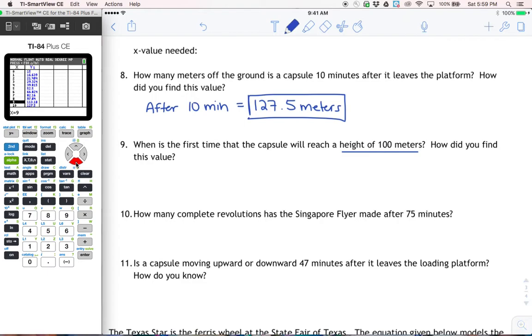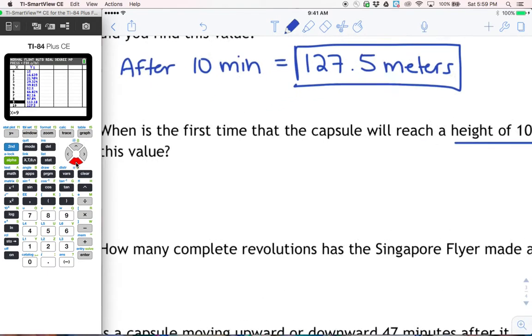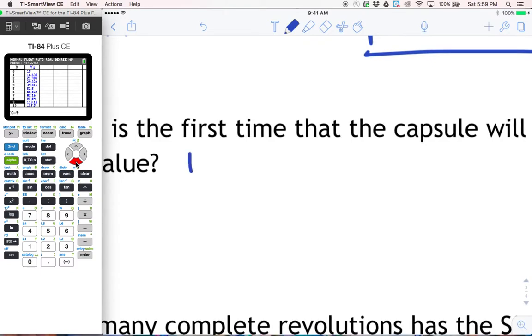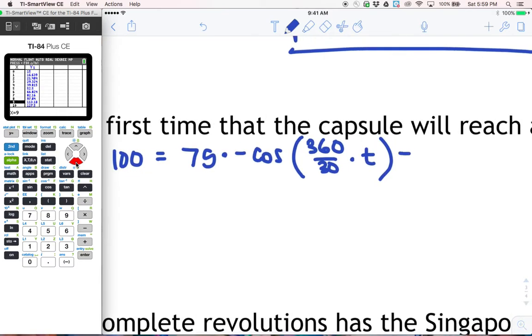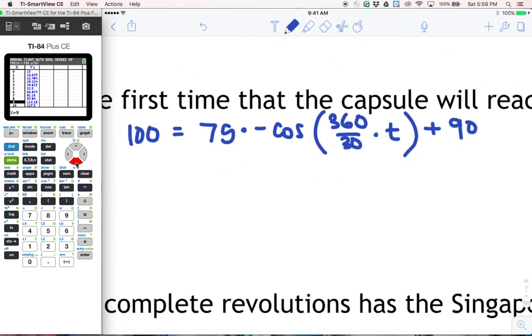So let's write out our formula that we know. We want it to be equal to 100, and we're going to write it out the other part here. So 75 times negative cosine of 360 over 30 times t, because we don't know t, we're looking for the time, plus 90. I'm going to have to write small, you're going to have to write small as well.